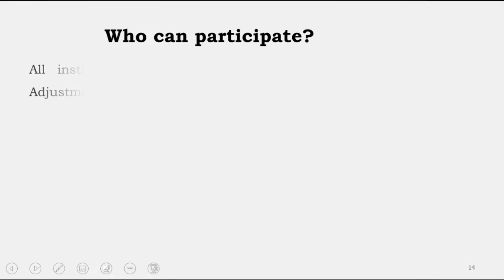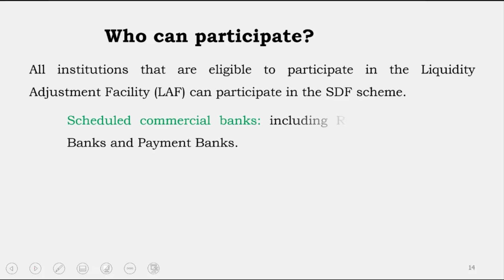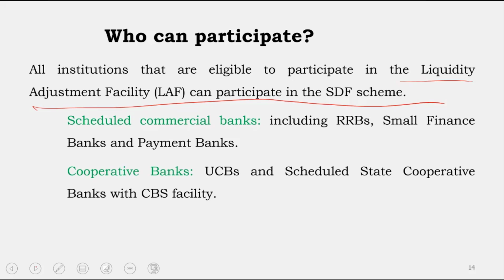Now we are going to see the features of SDF. Who can participate in the SDF? All institutions that are eligible to participate in the liquidity adjustment facility can participate in the SDF scheme as well. Which institutions are eligible to participate in the LAF?